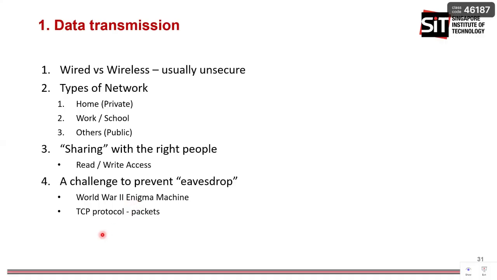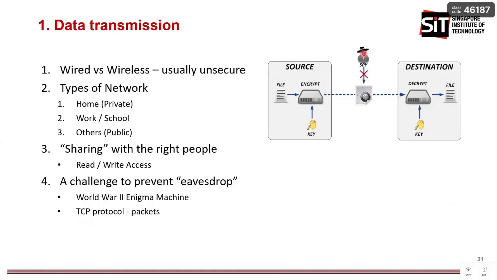But in today's context, we are looking at packets of data when we share through the internet, and this is where the TCP protocol comes about, when we send information through the internet. So what is the problem when we send data?